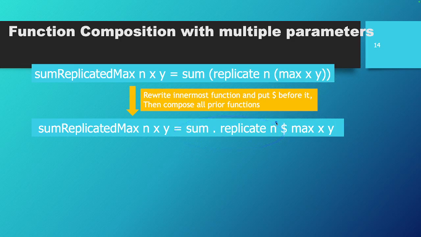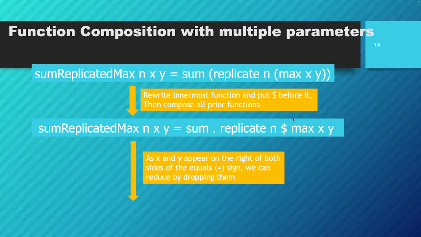And once we've that done, we just have a look at what's over here. We still have replicate n. So you can see that this function is going to give me back a number. Replicate n on that number is going to give me a list of numbers of that type. So that's going to give me the sum of that number.